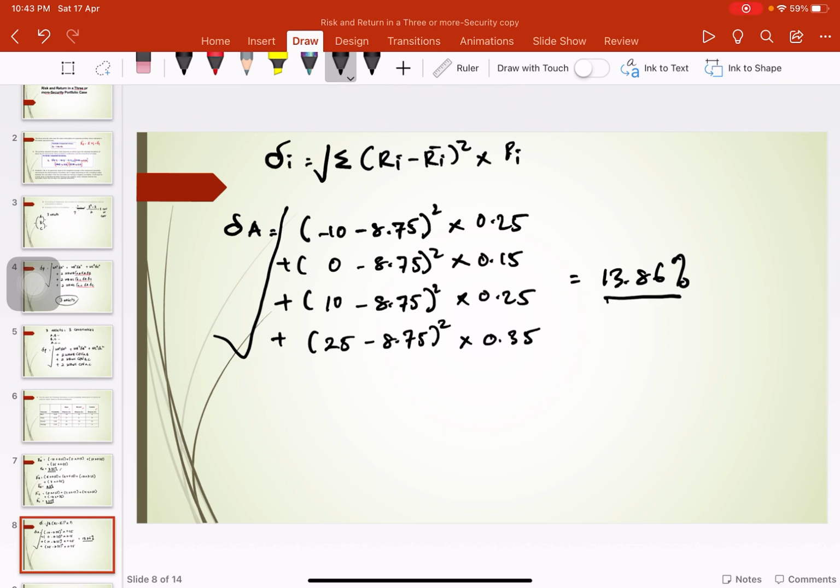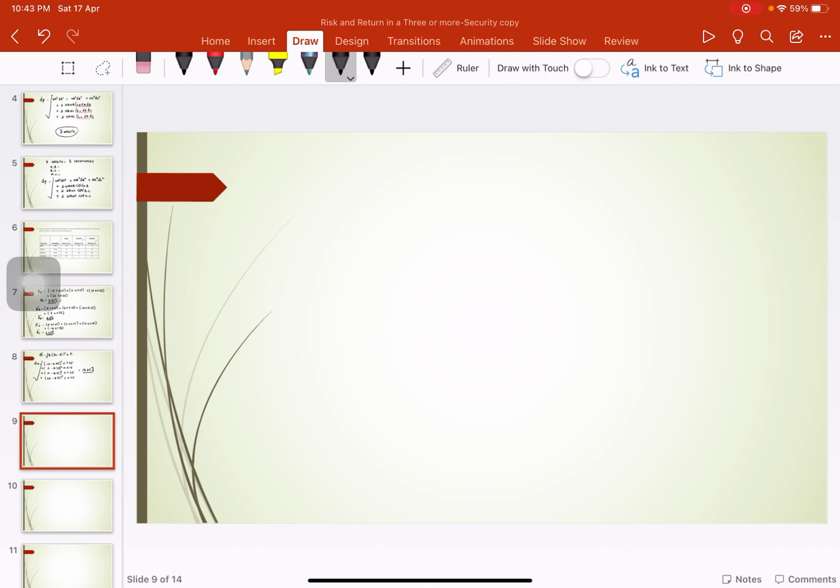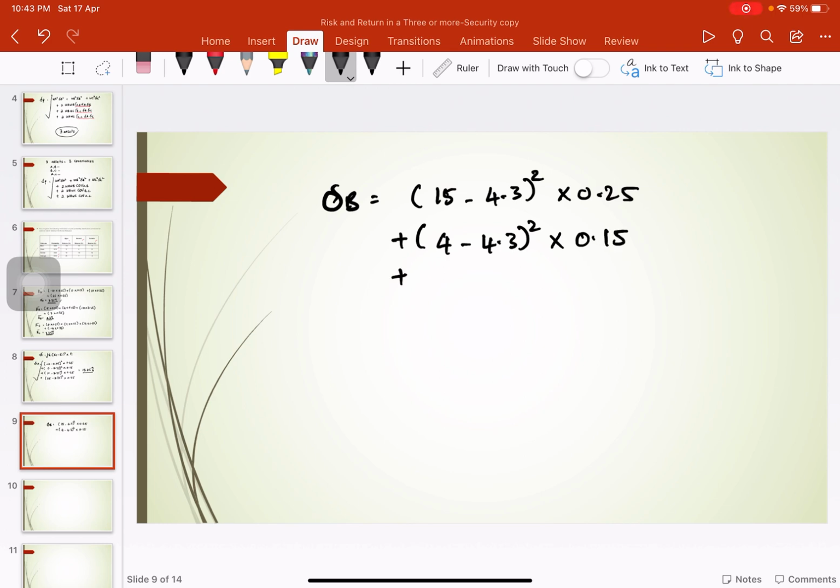Next, standard deviation B. Standard deviation B is equal to 15 minus 4.3, the expected return just now, square times 0.25, plus 4 minus 4.3 square times 0.15, plus negative 10 minus 4.3 square times 0.25, plus 7 minus 4.3 square times 0.35.